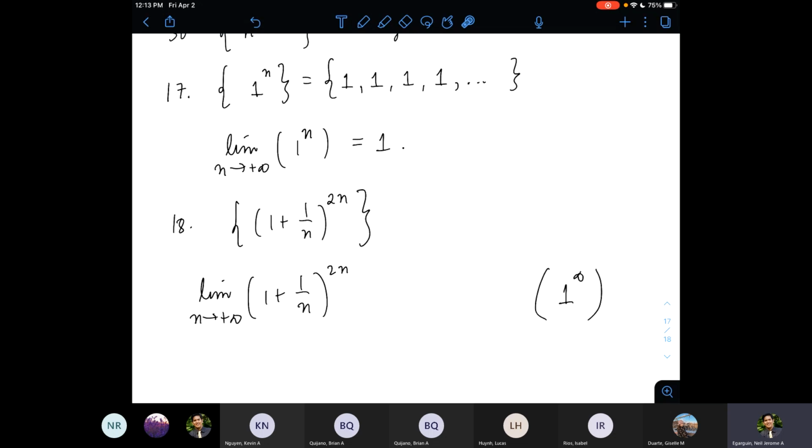They have the same form, 1 raised to infinity, but what's the difference? Why does problem 18 involve an indeterminate form and problem 17 does not? Anyone?